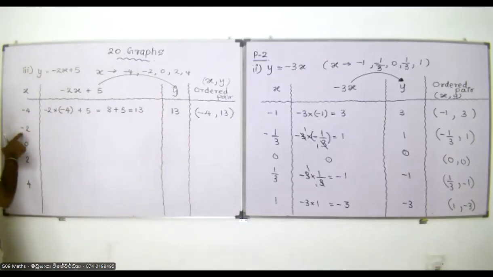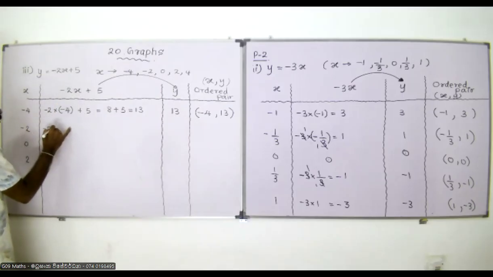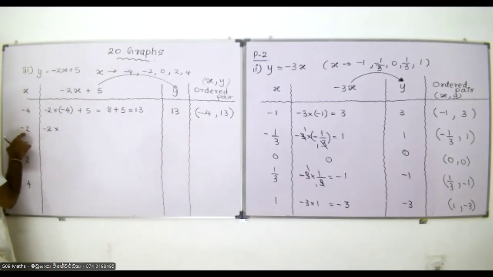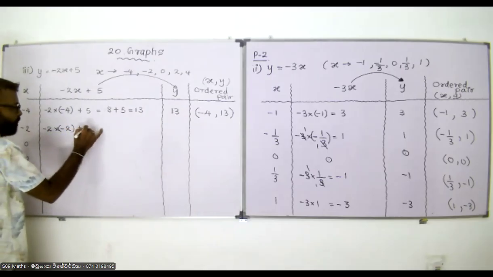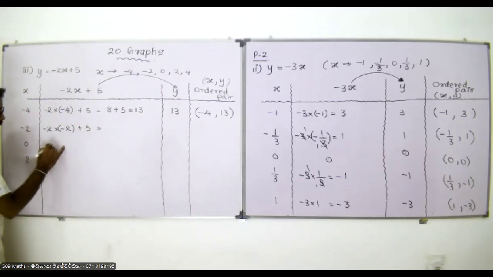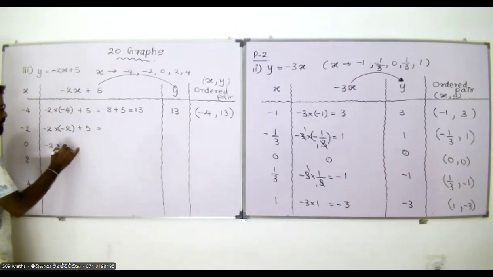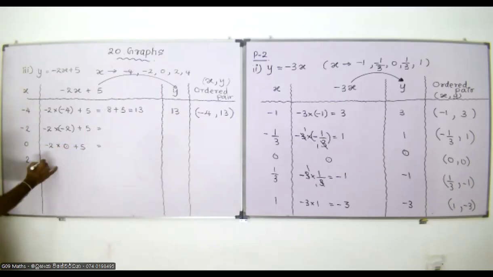Then again, the x value is negative 2. You are going to substitute negative 2 here. So negative 2 multiplied by x, x means negative 2 again. Then you are going to add 5. Then negative 2 multiplied by 0, add 5. What is the value?